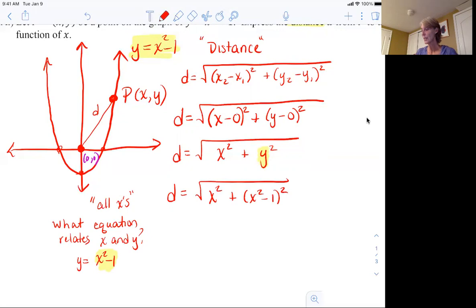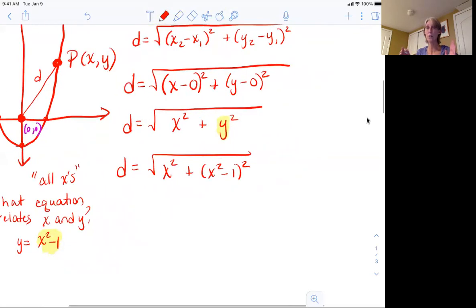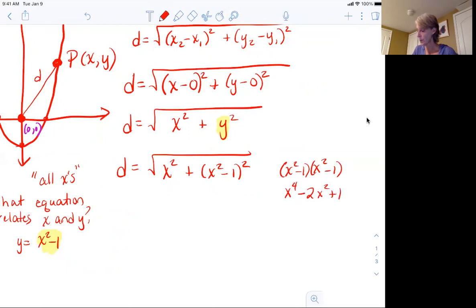And you're not really done here. Technically you do have a function in terms of x, but in this class, we're going to work this out and we're going to write it nice. So we're going to square this, x to the 4th minus 2x squared plus 1.